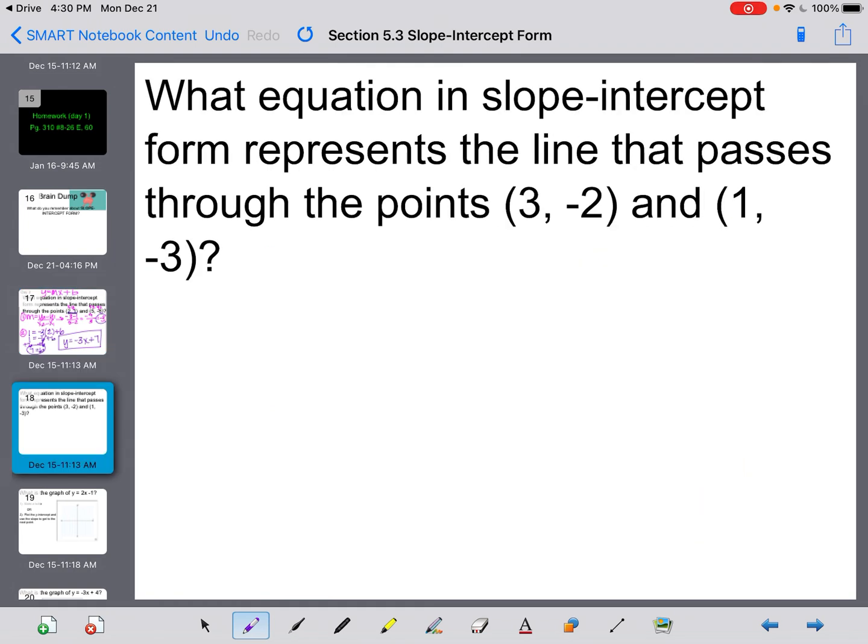Okay, try the same thing. This would be a great place to pause it and try it on your own. What equation in slope-intercept form represents the line that passes through the points 3, negative 2, and 1, negative 3? First, find your slope. Then you pick one of those points, plug it in to find your y-intercept. Pause it here, try it on your own, come back, see if you get the same answer as me.